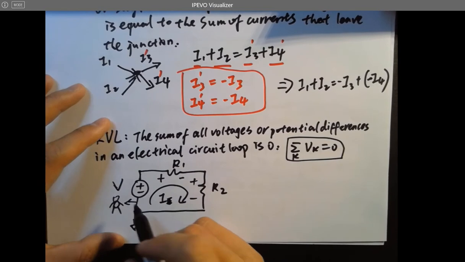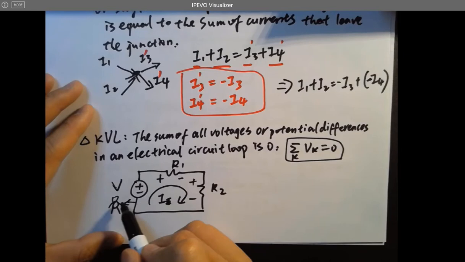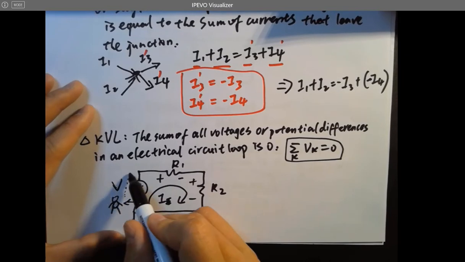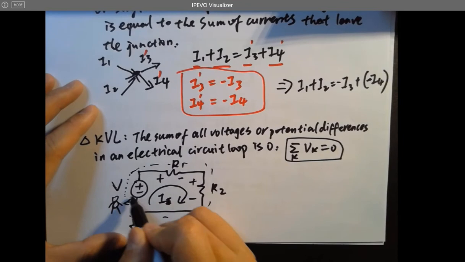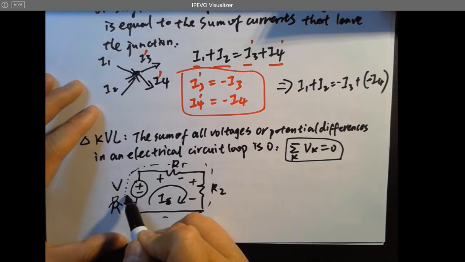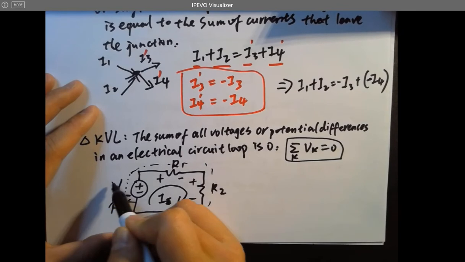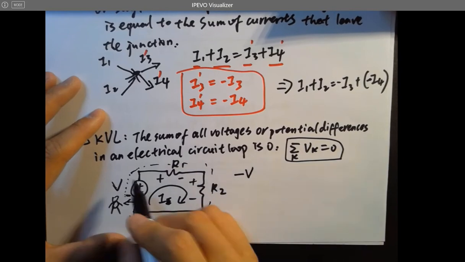That's the trick when you are doing KVL. So follow that direction. For example, the first component this person bumps into is this one, and the sign here is minus, and the voltage is V. So you just write down minus V over here.